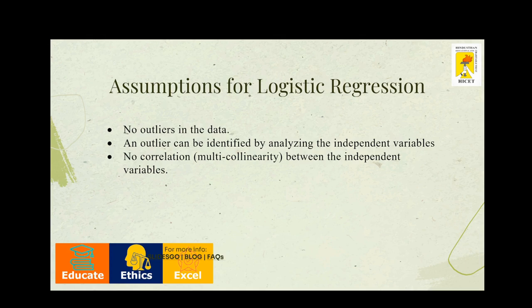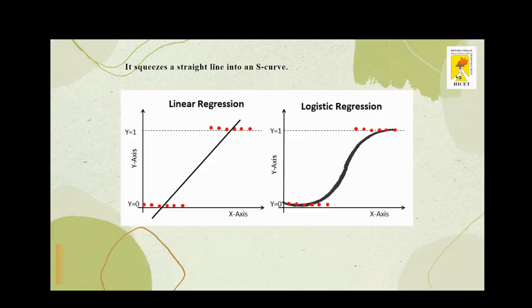If there are multiple input features, we have to ensure that there is never any collinearity between them. All the input features can be dependent on the target variable, but they should never be dependent among themselves. These are the two assumptions which need to be ensured before going to the logistic regression algorithm.